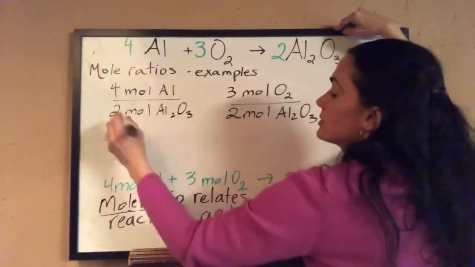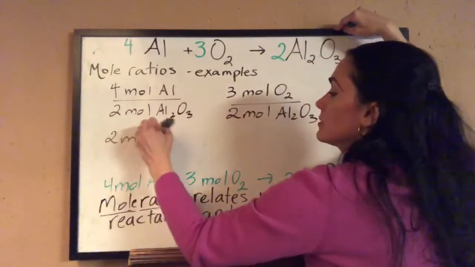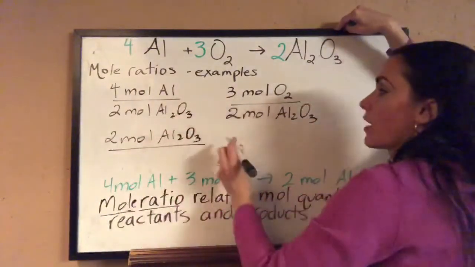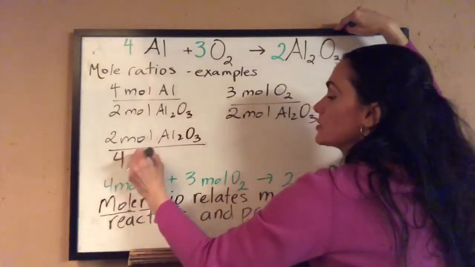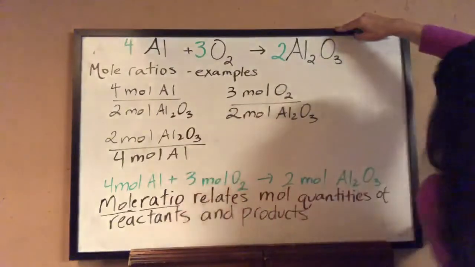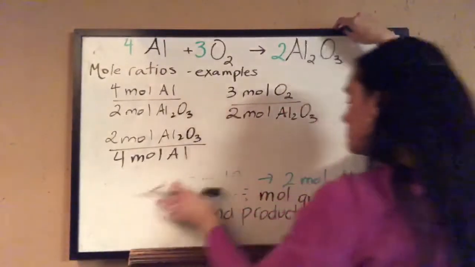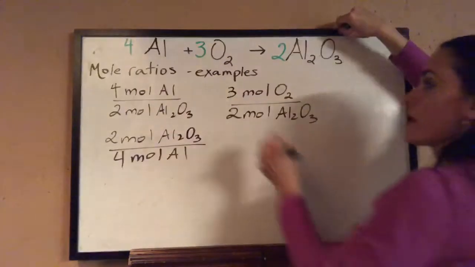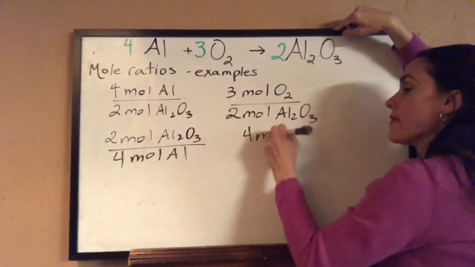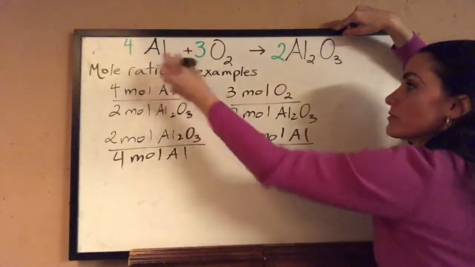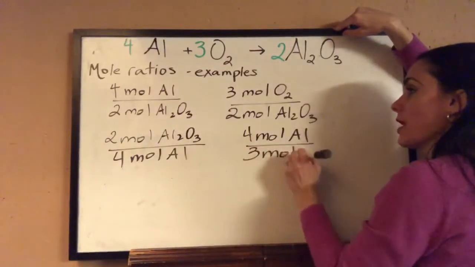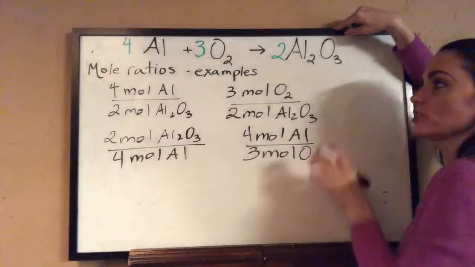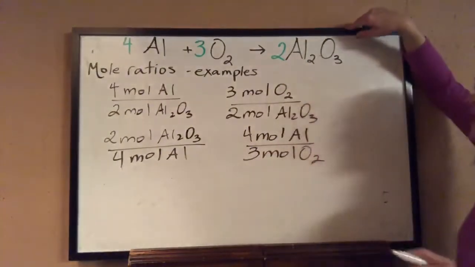We can say 2 moles of aluminum oxide are a result of 4 moles of aluminum reacting. And we can make a couple other combinations as well. 4 moles of aluminum will react with 3 moles of oxygen. Okay, these are examples of mole ratios from this particular balanced equation.